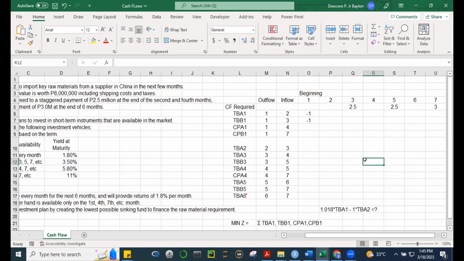You get me, class? -1 is just a factor that you multiply to your principal amount to get the total amount. Okay, how about CPA1? The factor is also -1. Notice it's negative because these are outflows, which can be seen here. All the negative ones here in the outflow, as far as TBA, TBB, CPA, and CPB1 is concerned, all of them here are negative.